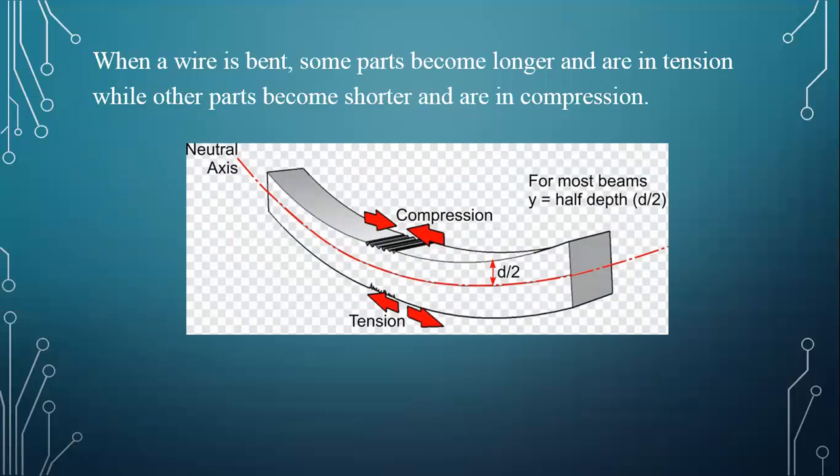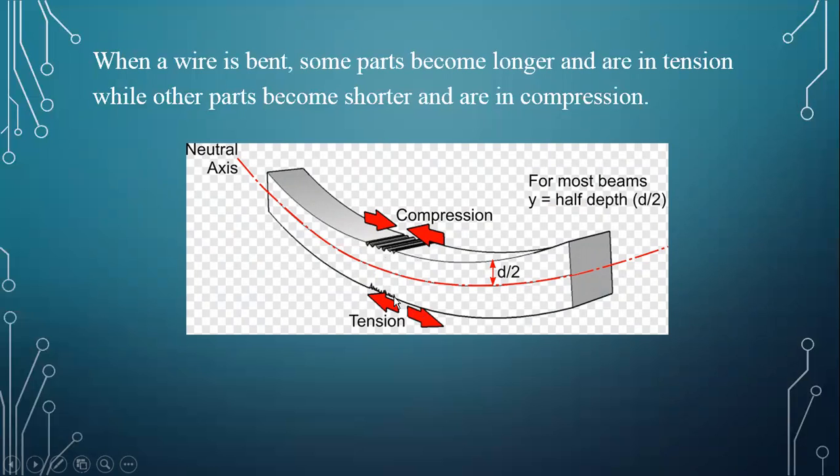This is a piece of wire, and when it is bent, after bending the wire you can observe the compression inside. यहाँ आप compression note करेंगे and the extension is produced on the outermost side.